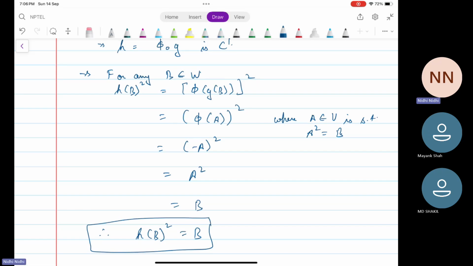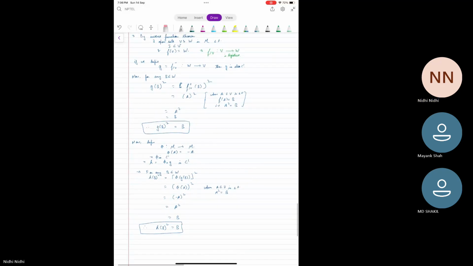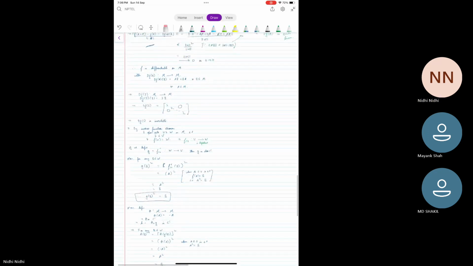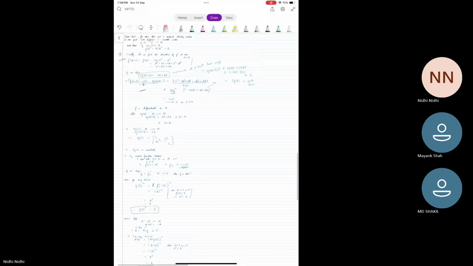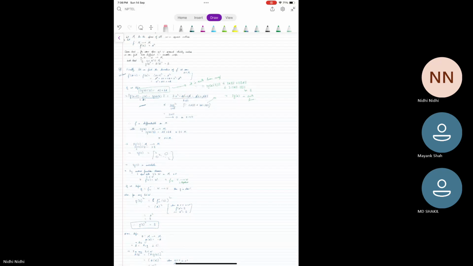Hence, we got two distinct functions such that for any B in this W, G(B) square and H(B) square are equal to this matrix B. Okay, this is fine.